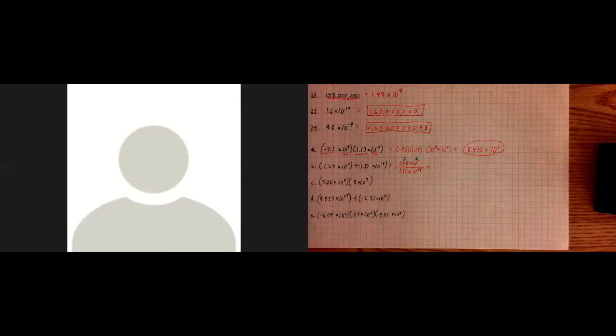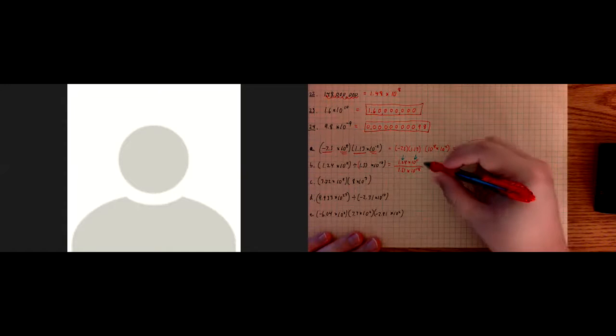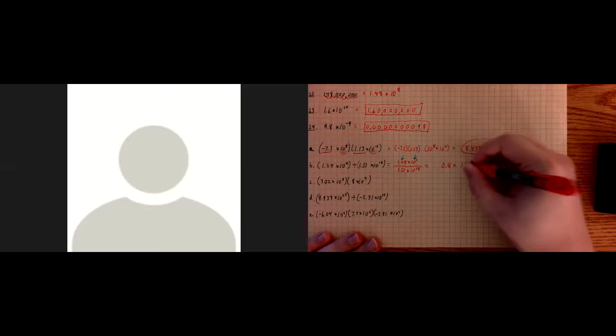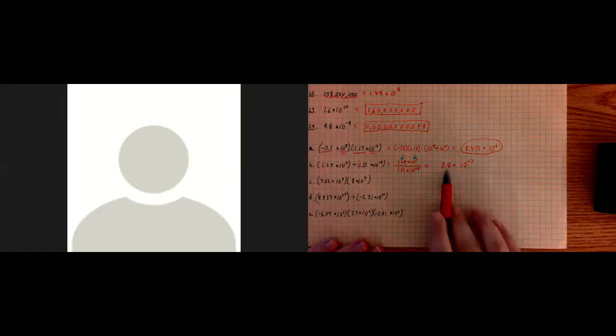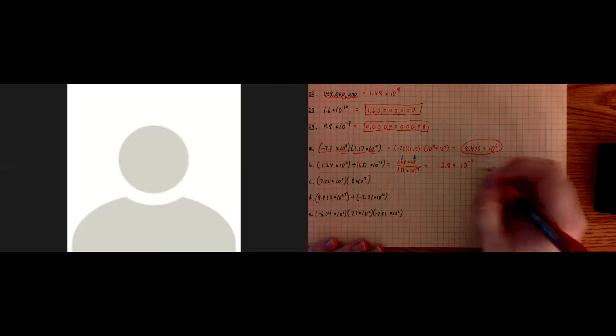So 1.24 divided by 1.55, let's do that math. 1.24 divided by 1.55, we end up with 0.8. 10 to the 11th divided by 10 to the 18th, we would do subtraction. 11 minus 18 would become negative 7. This is not quite right though, because this number is not between 1 and 10. I have to move this one decimal place to the right.